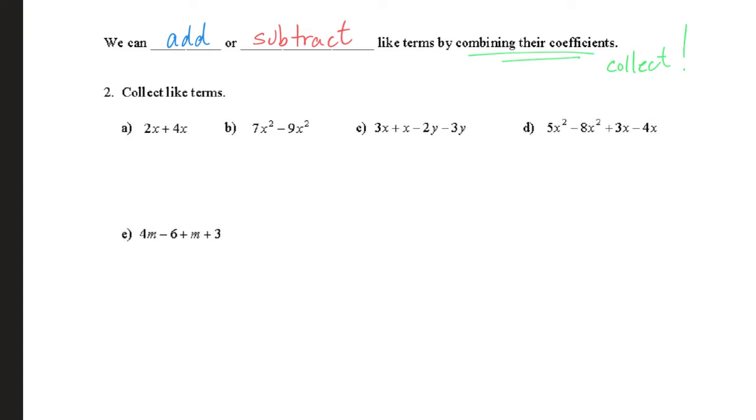2a, we have a 2x plus a 4x. So really what that says is we have 2 of something plus 4 of something. And we should be pretty good then to say that we have 6 of that something. I'm just going to draw a conclusion over here. And I want to make a big point here. Notice that there is no part where my exponent changes.